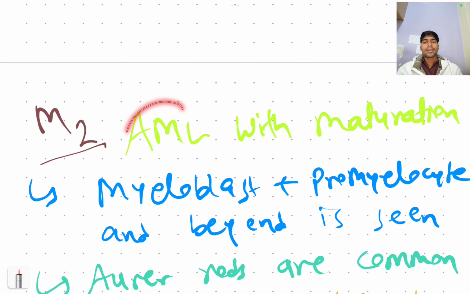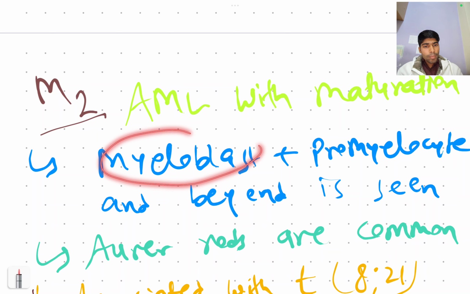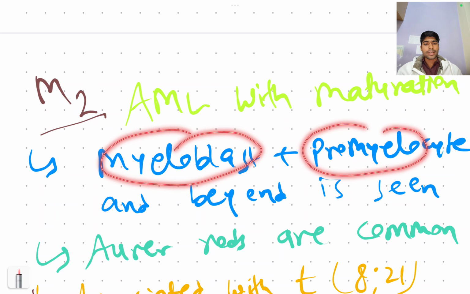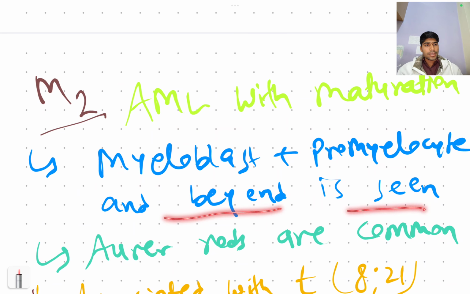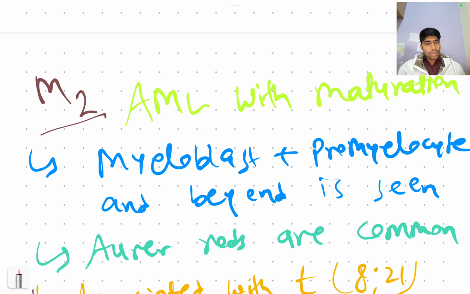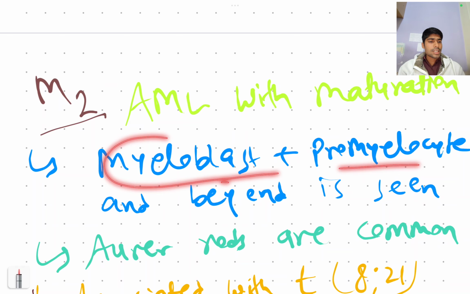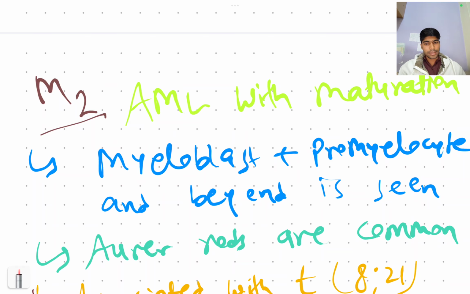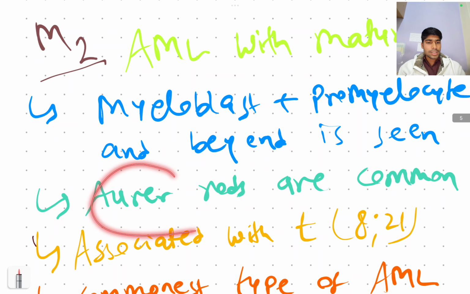Then AML with maturation, M2. There are myeloblasts and promyelocytes, and later cells are also seen. In the peripheral blood smear we can see myeloblasts and promyelocytes, but mainly myeloblasts and promyelocytes and myelocytes are seen. Then Auer rods can be seen.